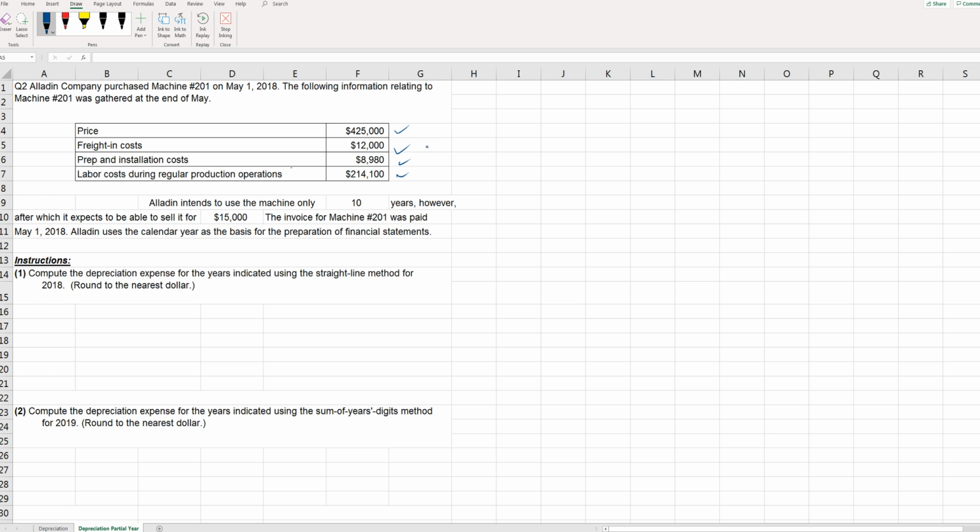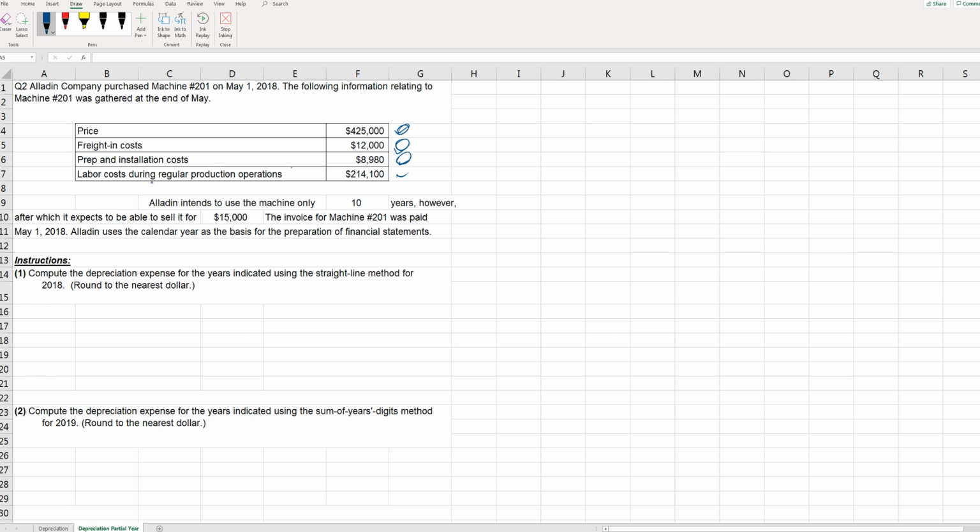So what are the parts of the cost of this machine? The price, for sure, yes. Transportation, yes, and preparation installation cost, yes. The only thing that's not part of the cost is labor cost during regular production operations.